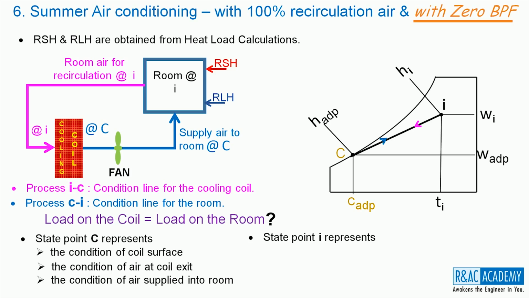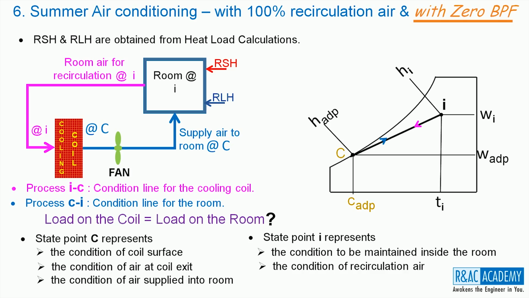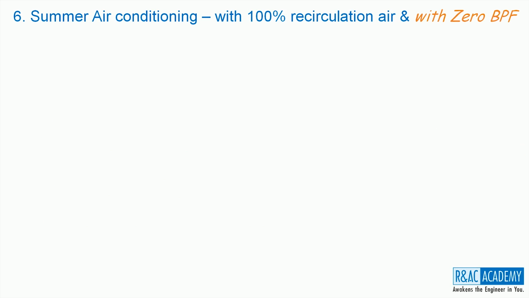Similarly, the state point I represents the condition at which the room has to be maintained, the condition of recirculation air, and finally the condition of the air at coil entry. This understanding helps us gain good clarity on calculations. Let me now take you to the calculations part.